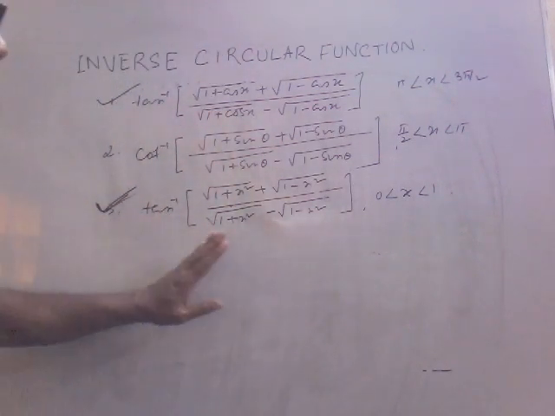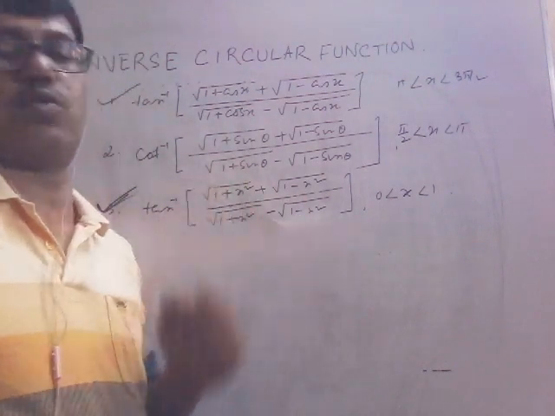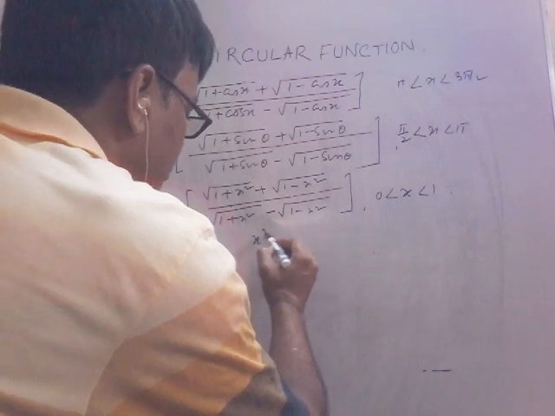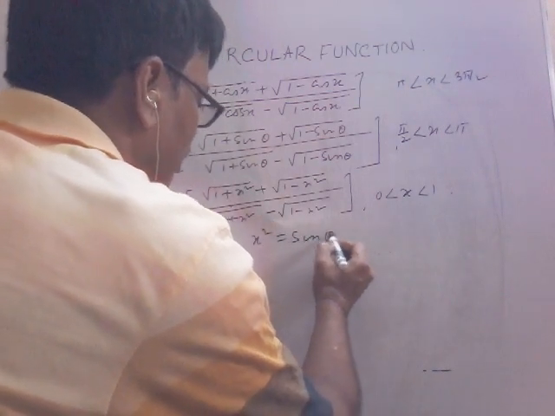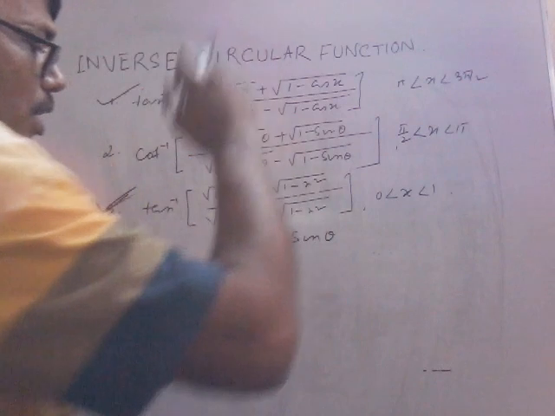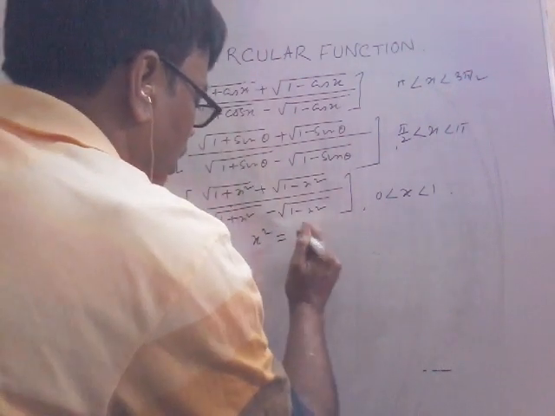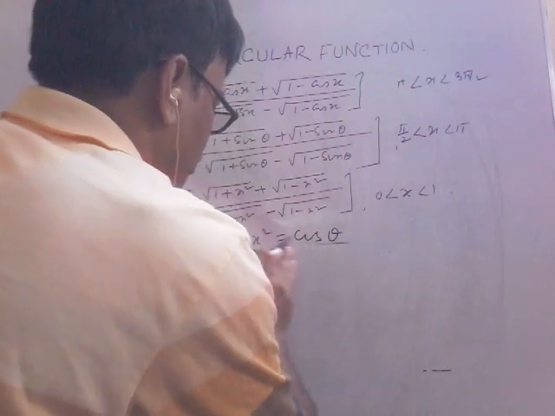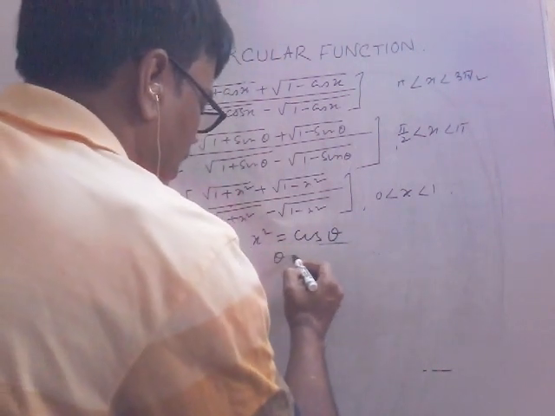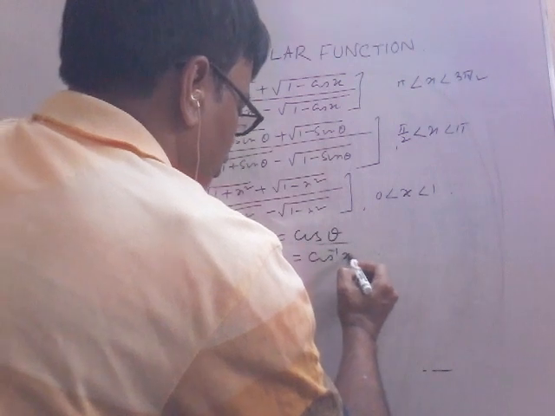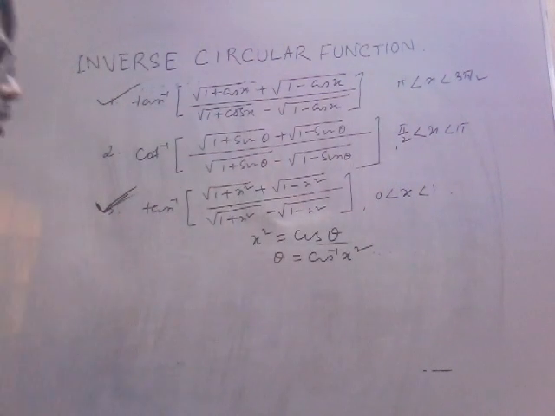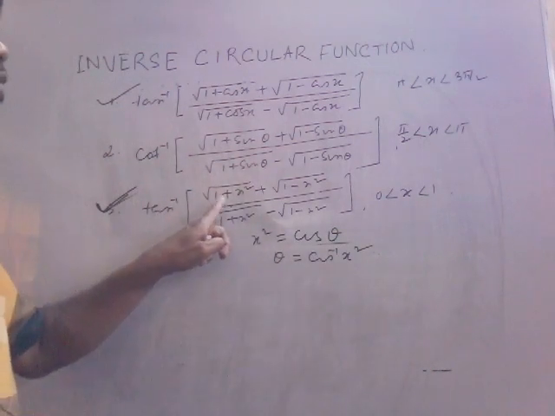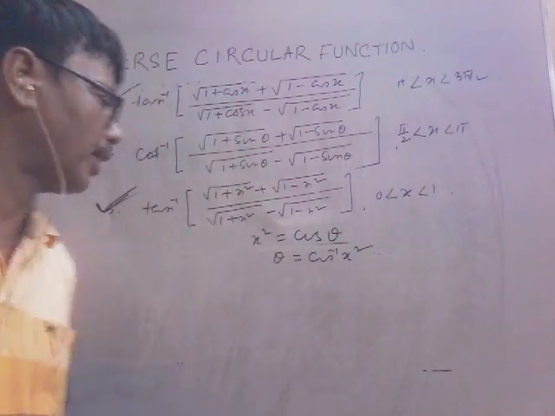Therefore, there is a transformation for 1 plus x, 1 minus x: x square equals sine theta or cos theta. So here you put x square equals cos theta. So theta is cos inverse x square. You may put sine theta also, but if you put cos theta, then the formula will be simple.